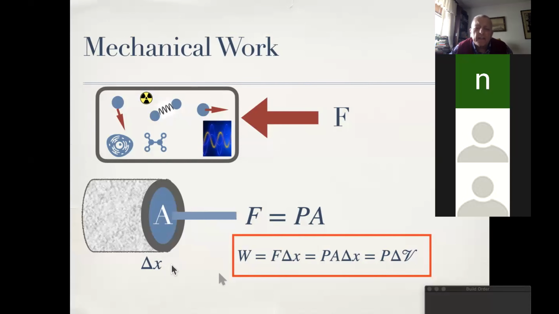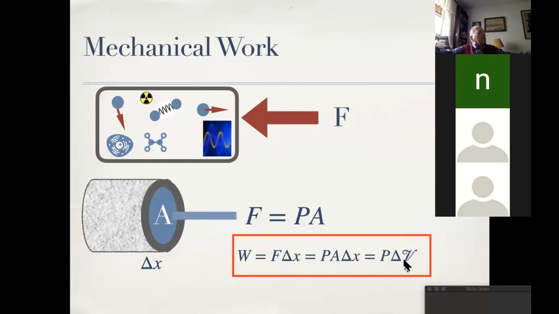Let's look at that formula carefully. Work is just how much energy we have added to the system. Pressure is an intensive quantity. It does not depend on the number of atoms or anything. And what is the volume? The volume is an extensive quantity.